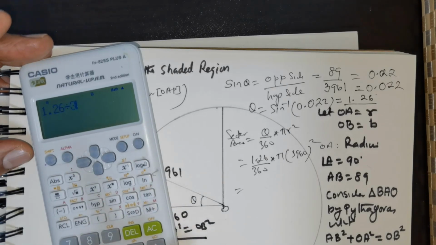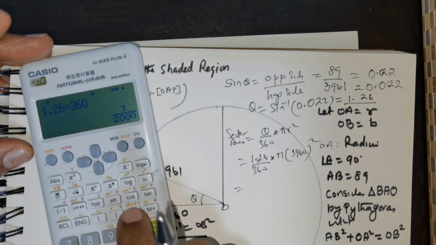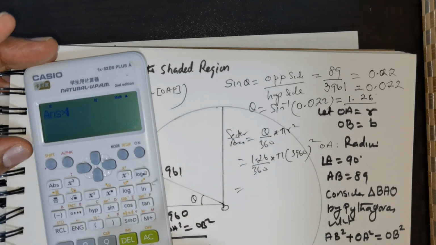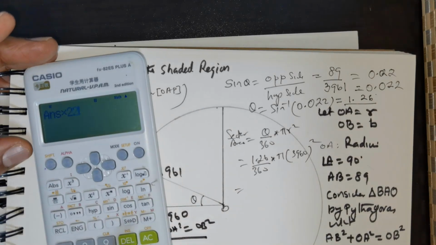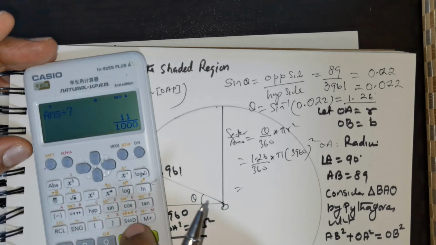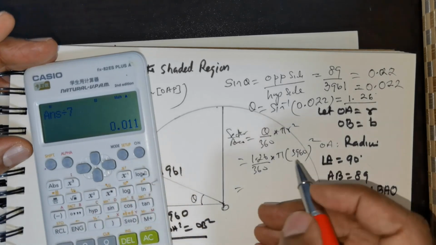Okay, so let me calculate this. 1.26 divided by 360, that is giving me this, multiplied with 22 divided by 7, that is giving me this, right?